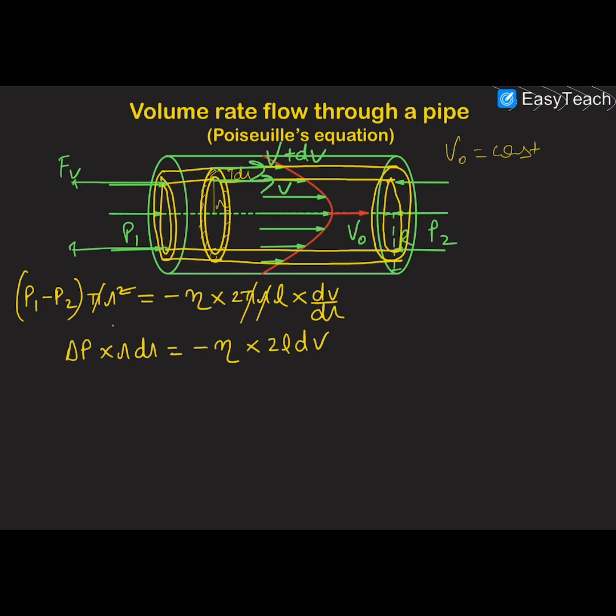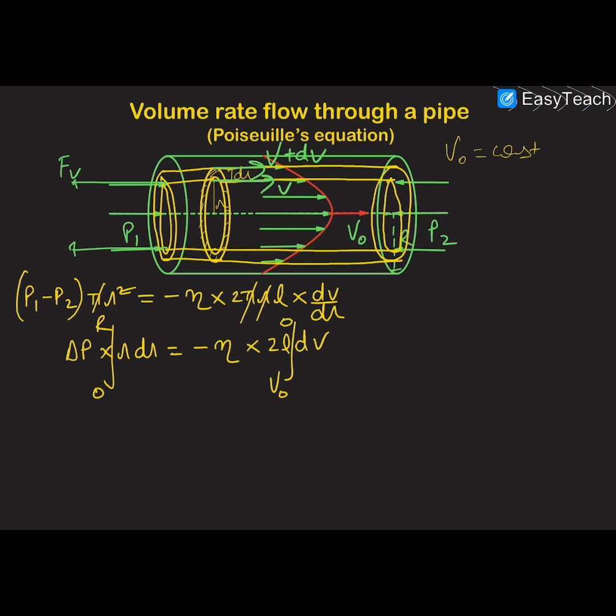Okay, and let us now integrate this term and apply the limits from 0 to capital R. Now we know when the radius is 0, we are on the axis of the cylinder, and the velocity of liquid on the axis is v0, and the velocity of liquid on the circumference of the pipe is 0, because we can assume that the molecules which are just in contact with the pipe will be at rest.